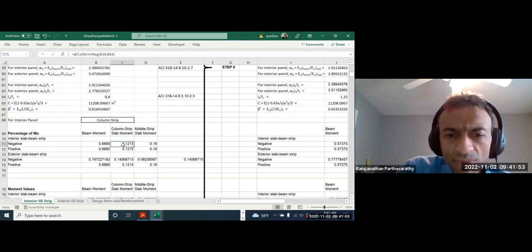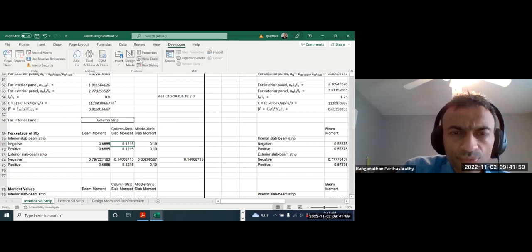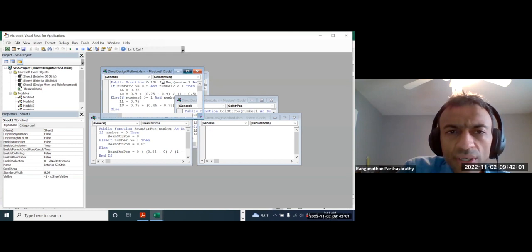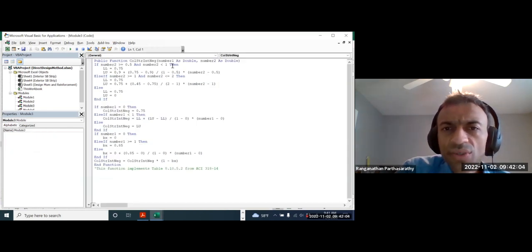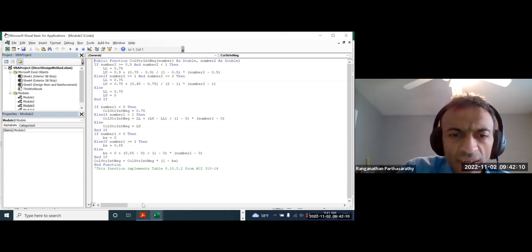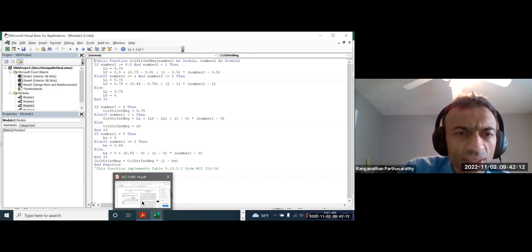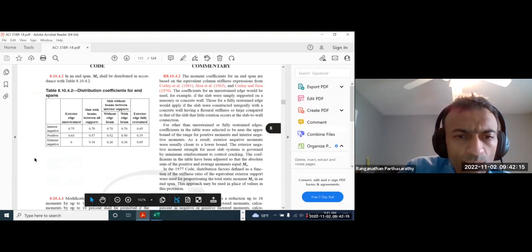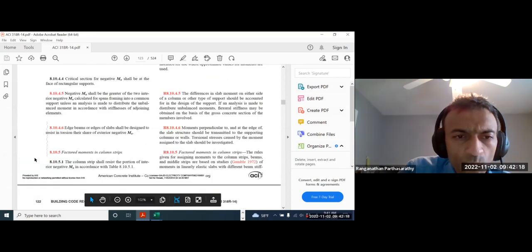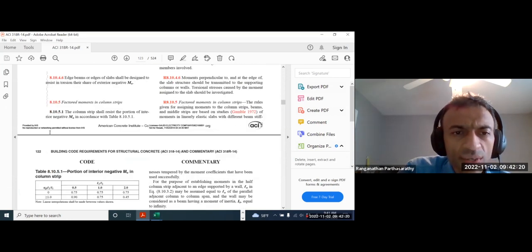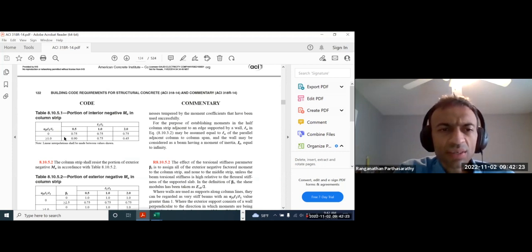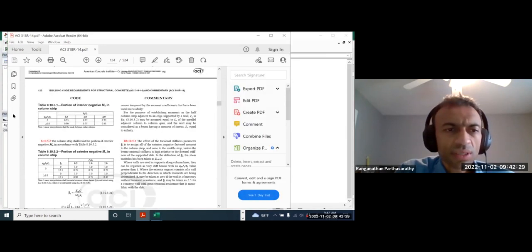Let's go check column strip interior negative, that code. Here it is. For column strip interior negative, we are following this table. Alpha F1 L2 by L1 is where? Based on that, we will decide this value. So how is this implemented in the code?